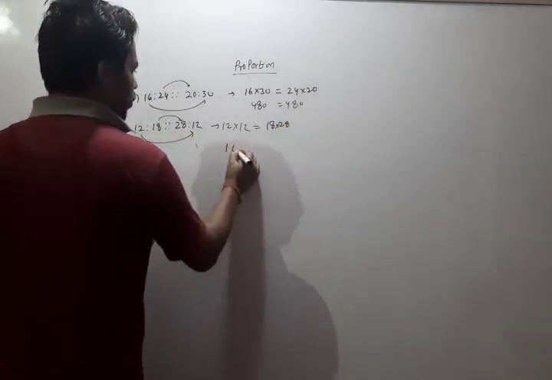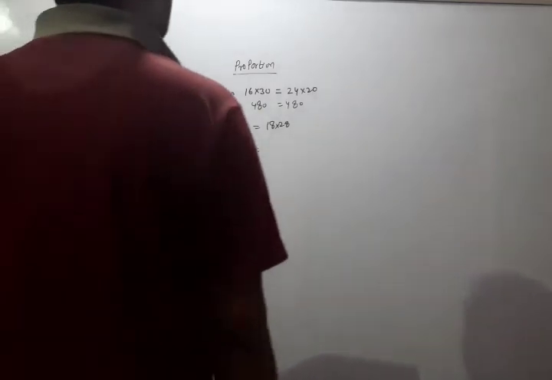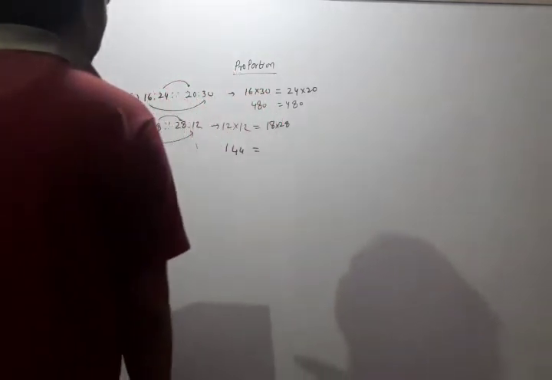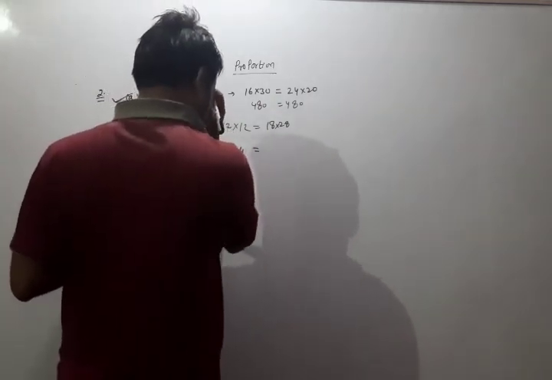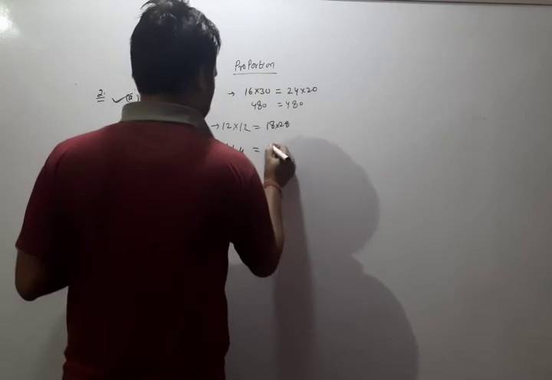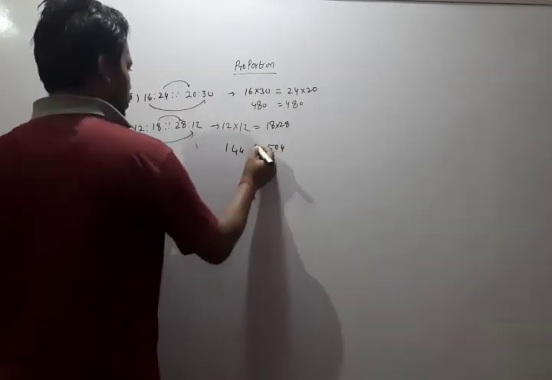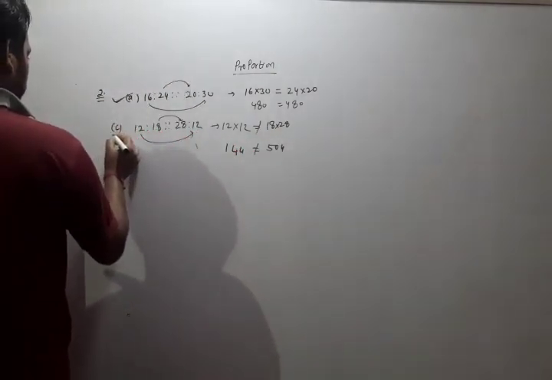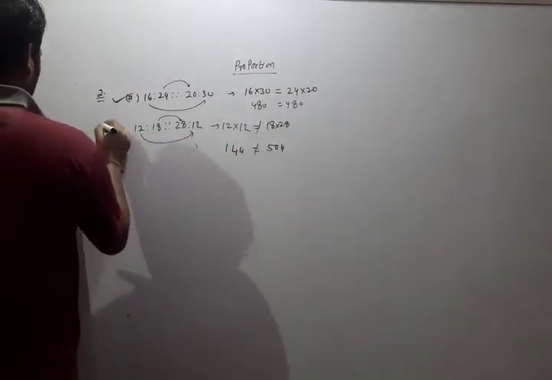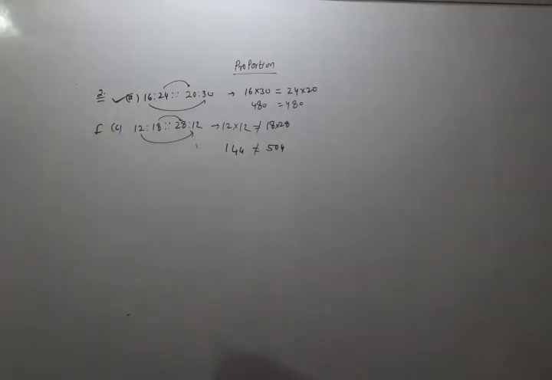See, here 144, here will be 504. Both are equal, no? So in front of C, you will write false.